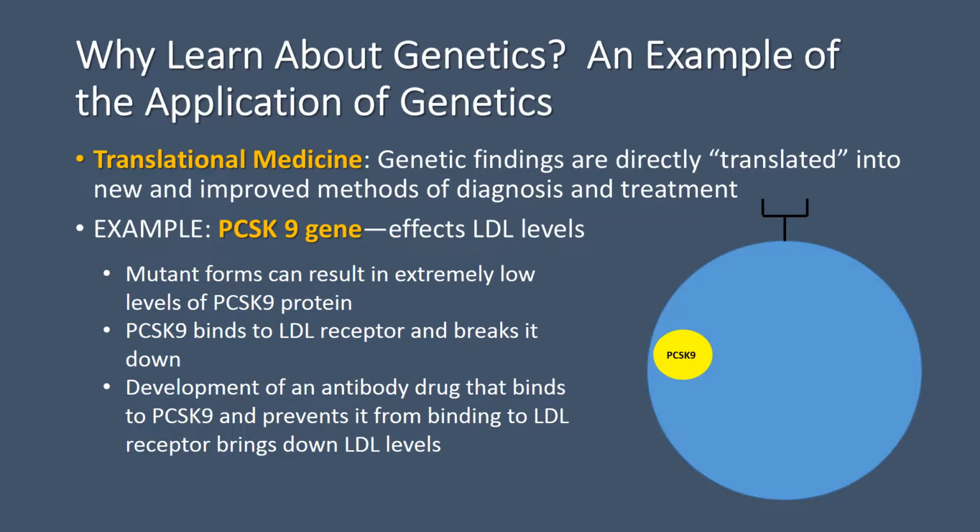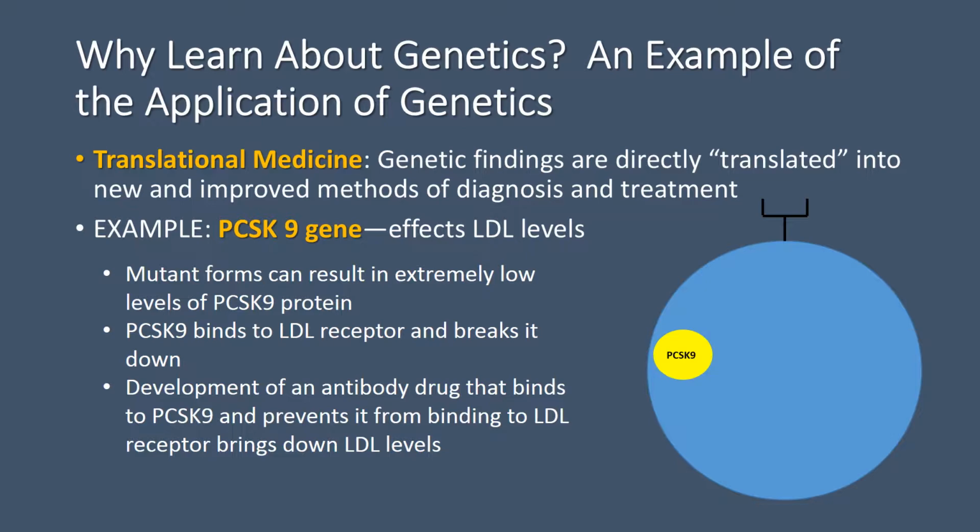I think the book gives a really good example of how we can apply what we've learned in genetics to medicine. They give the example of translational medicine, where we use the information that we have discovered from studying our genes to figure out what causes disease and ways that we can treat disease on a molecular level.